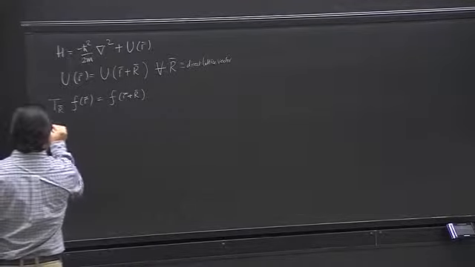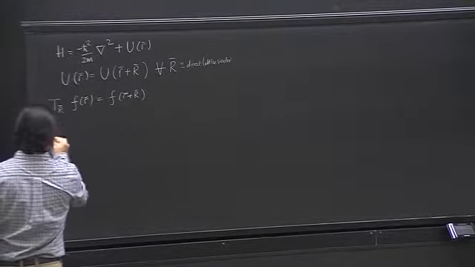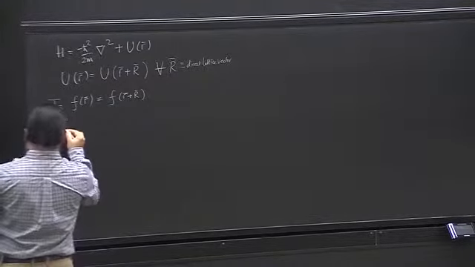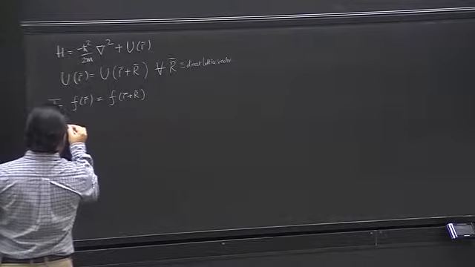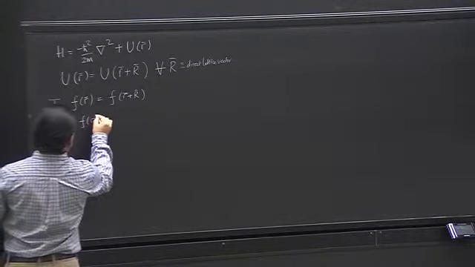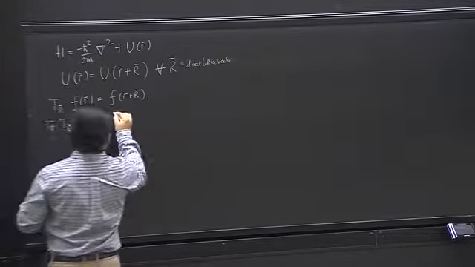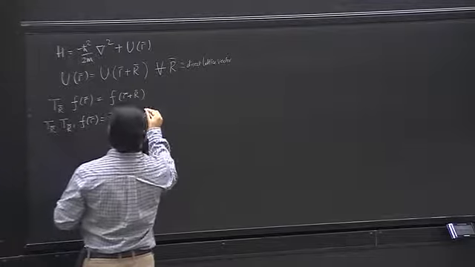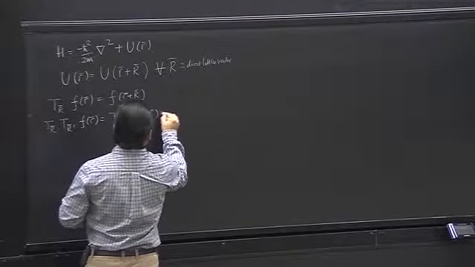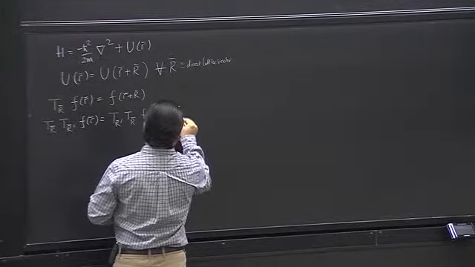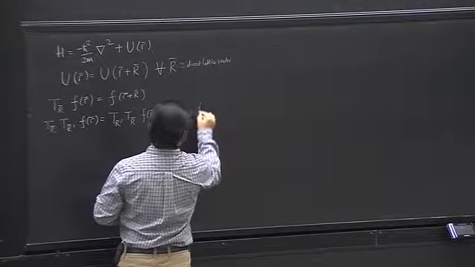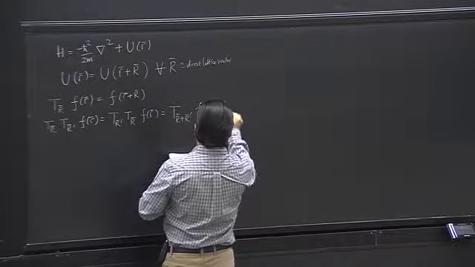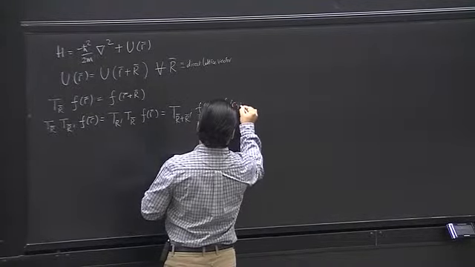Now you can verify that the translation operator with direct lattice vector R acting with R prime on f of r is the same as T_R T_R prime acting on f of r, which is the same as T_(R plus R prime) acting on f of r, because all of these simply give you f of r plus R plus R prime.